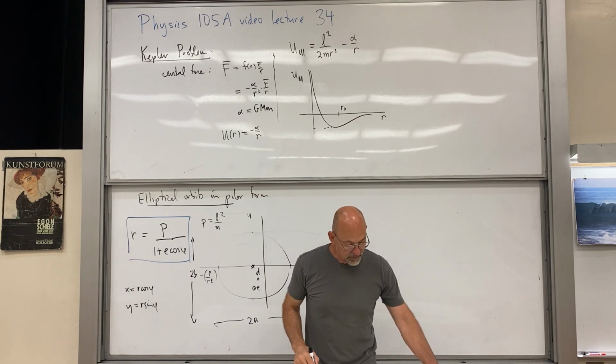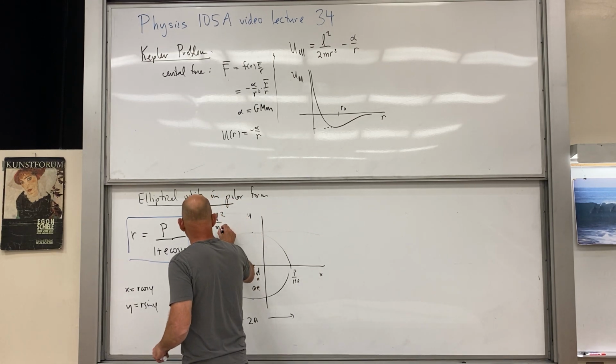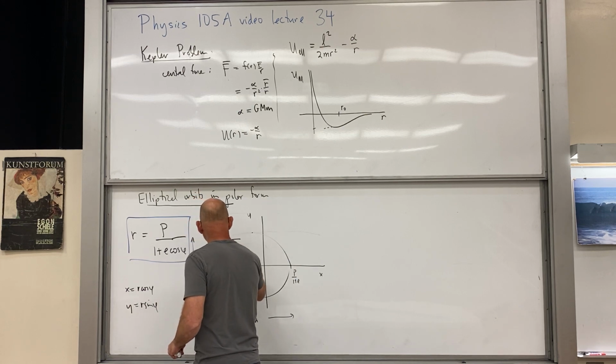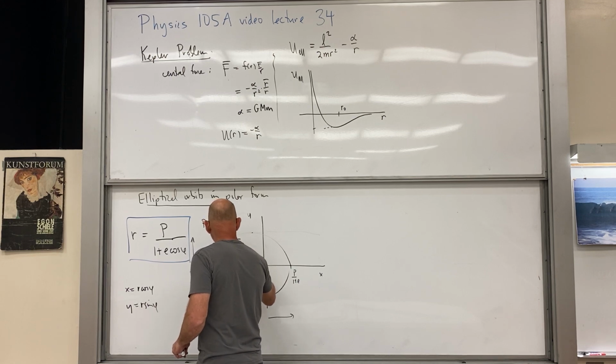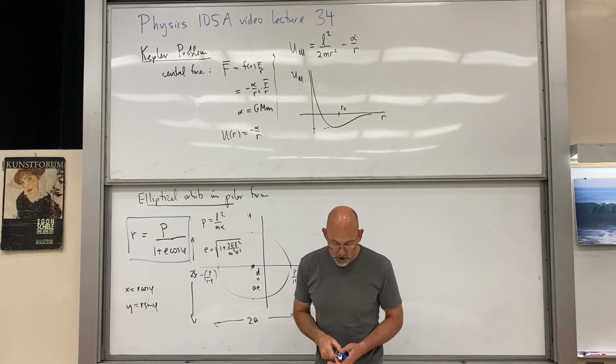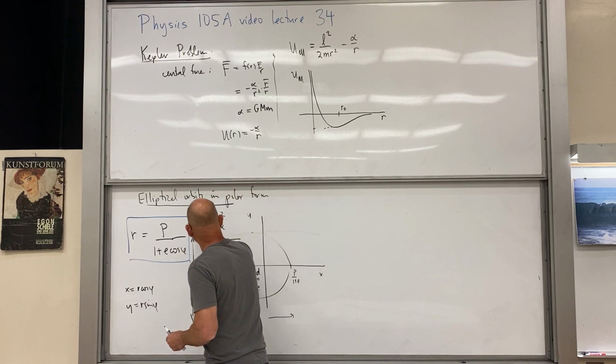Got that right? L squared over m alpha. And the eccentricity e was the root of 1 plus 2EL squared over m alpha squared. So all these things are important, but we have to work our way through them now. Okay, so let's put these all in a box.